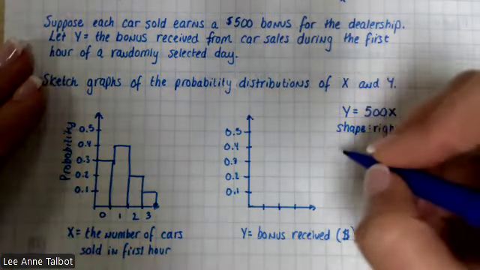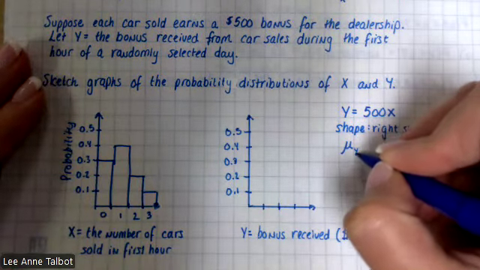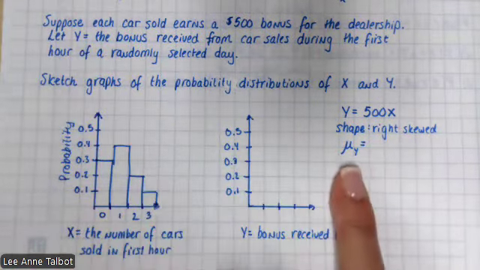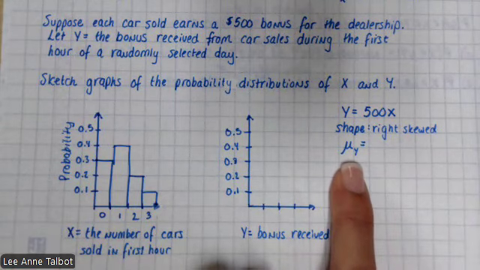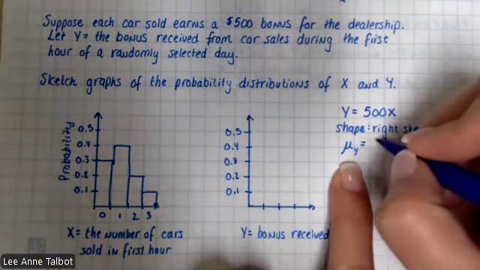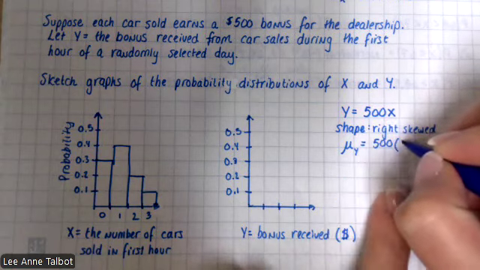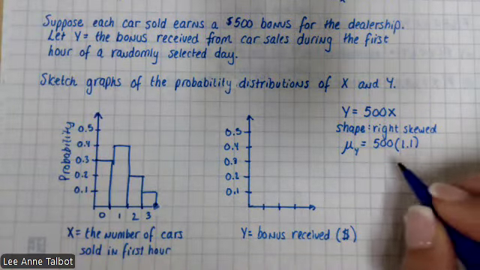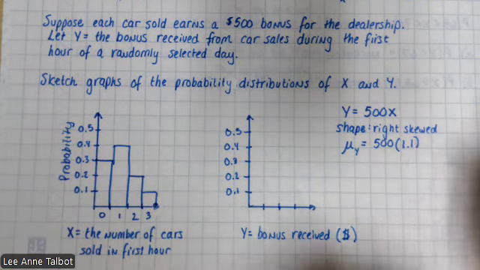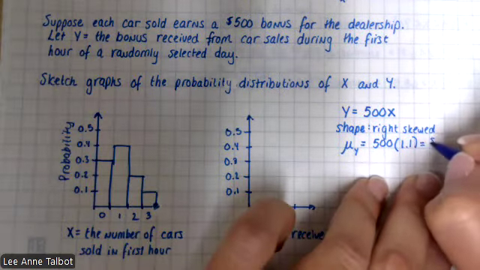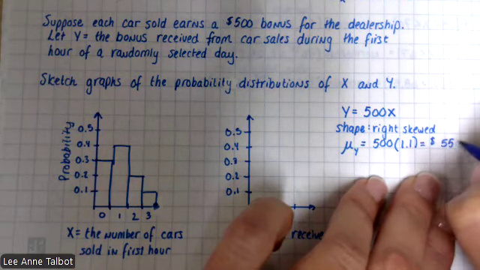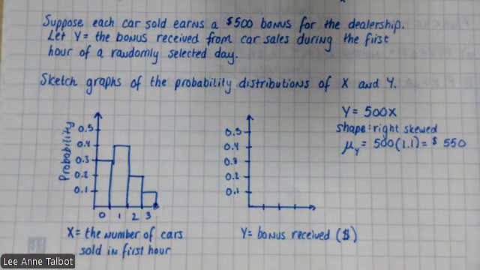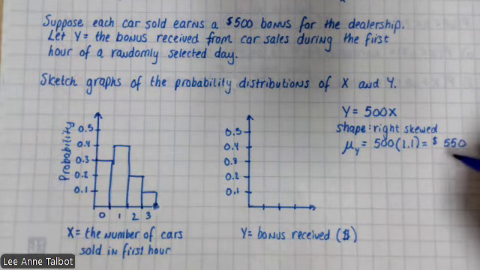What do you think the mean is going to be? My question is, is a measure of location affected by multiplication? Yes. 500 times 1.1. Do you guys know where I got those numbers from? So your mean is now going to be 550, not 1.1.